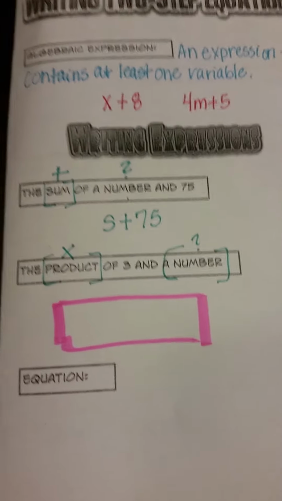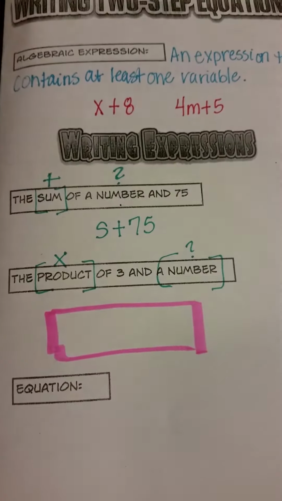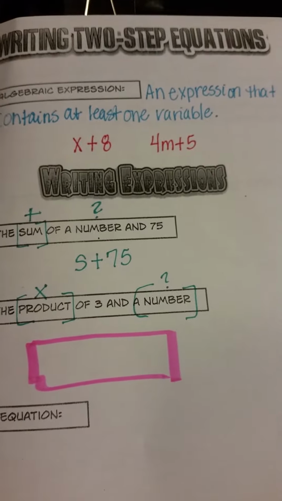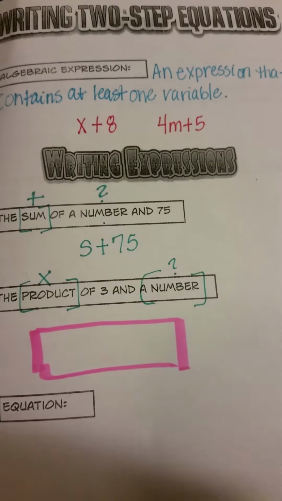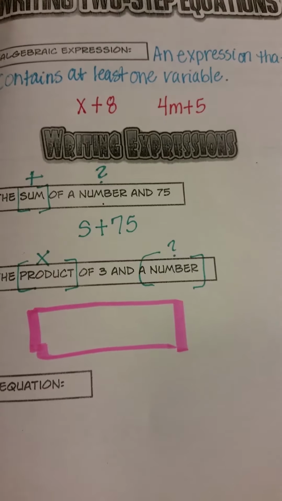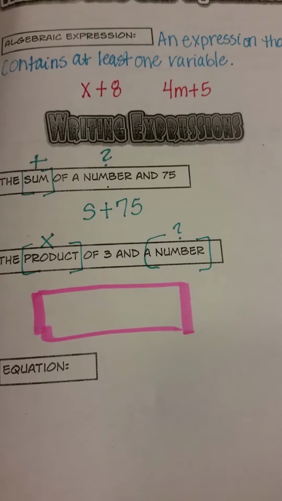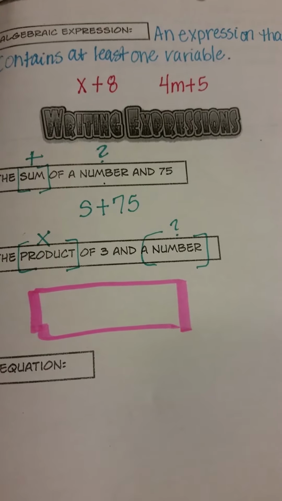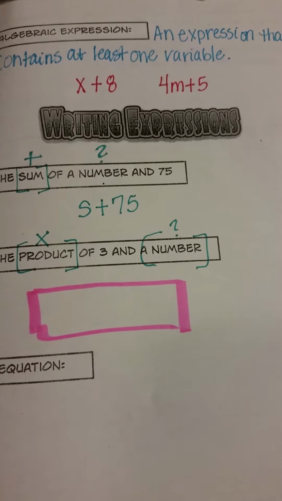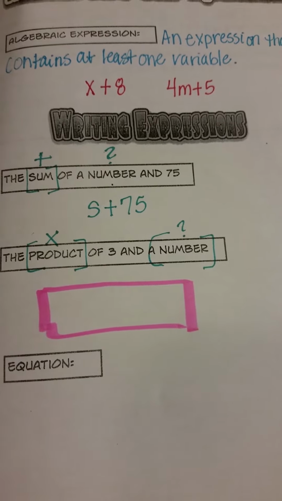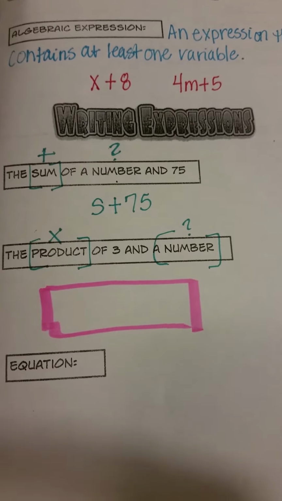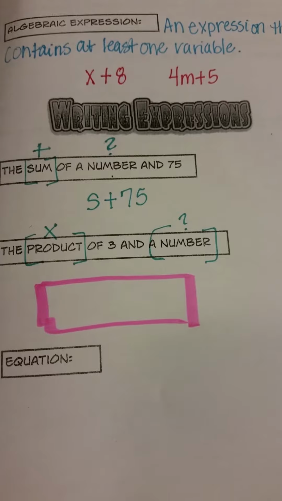Equation. Now we have our algebraic expression, which is an expression that contains at least one variable. Expressions and equations are a little different. An equation is a mathematical sentence that shows that two expressions are equivalent or equal. With an equation, we're actually going to have an equal sign.